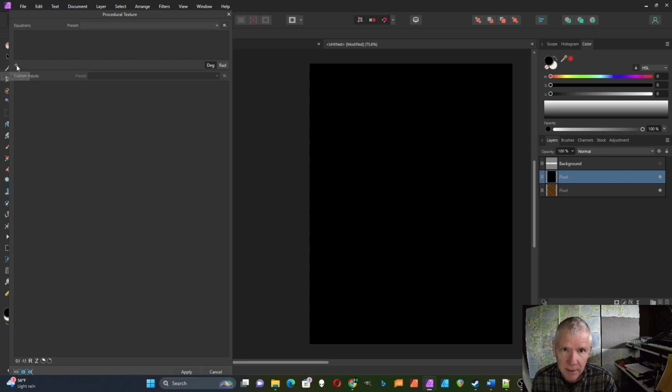So I'm just going to add an equation here, a real value, and I'm going to use this angle input control. Okay, I'm going to call this one TH for theta.